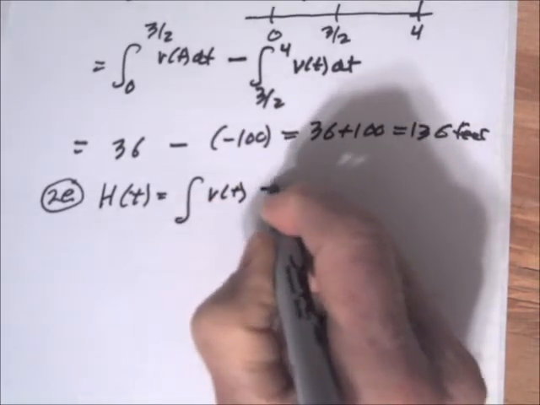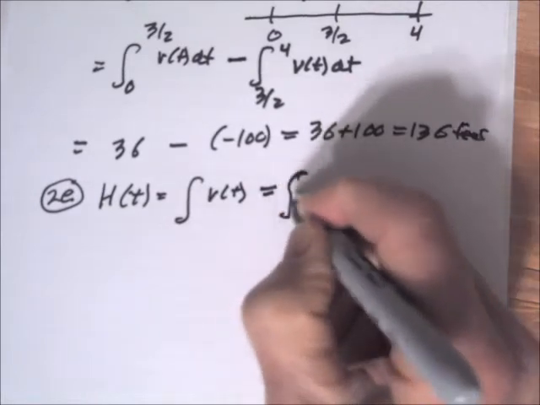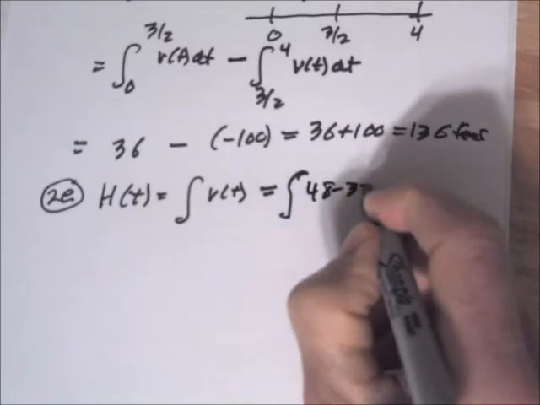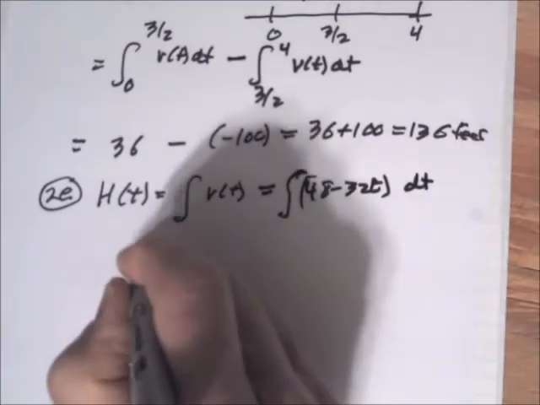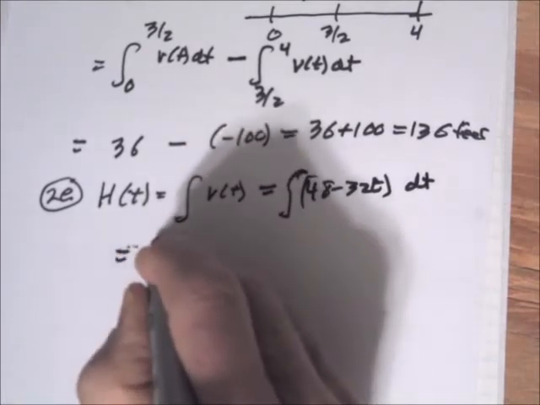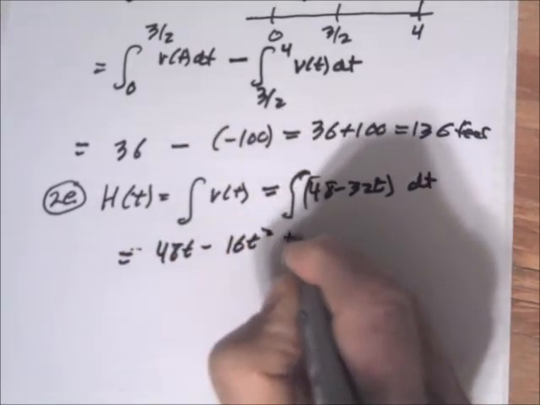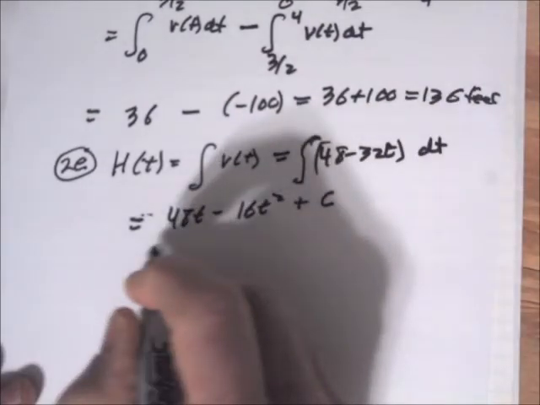It will be one of the antiderivatives of the velocity, but we want to find out which one. The antiderivative of 48 minus 32t dt is 48t minus 16t squared plus a constant. And we have to figure out what the constant is.